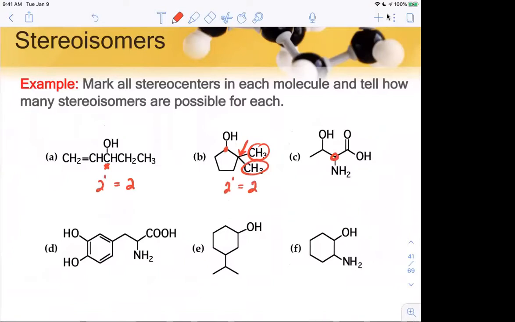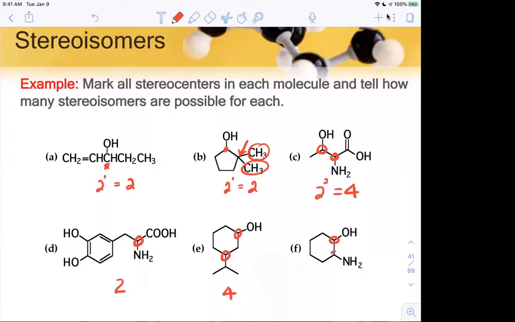This is a stereocenter. This is a stereocenter. This has 2 to the second, or equal to 4. This has 1, so it's 2. This has 1 and another 1, so I have 4.